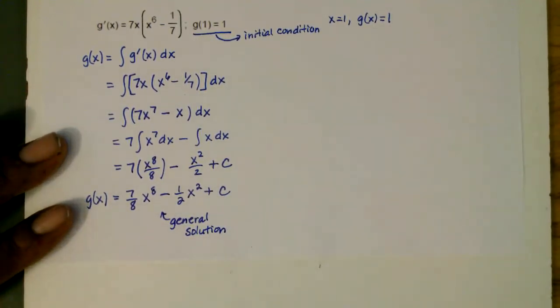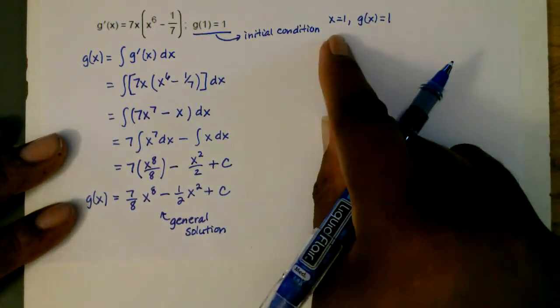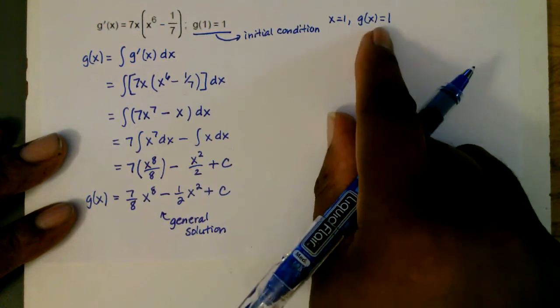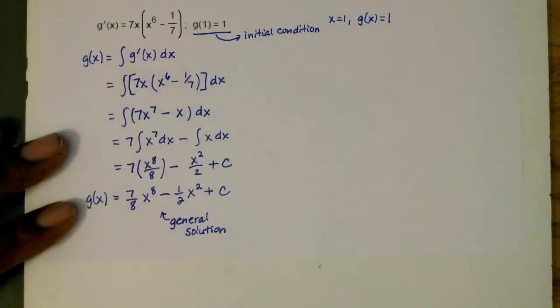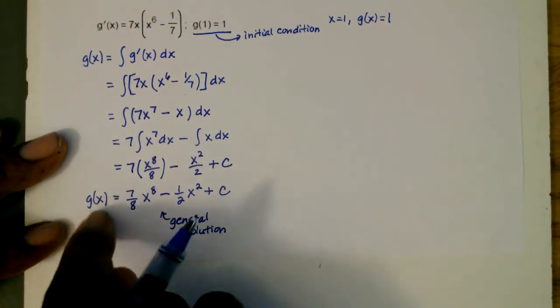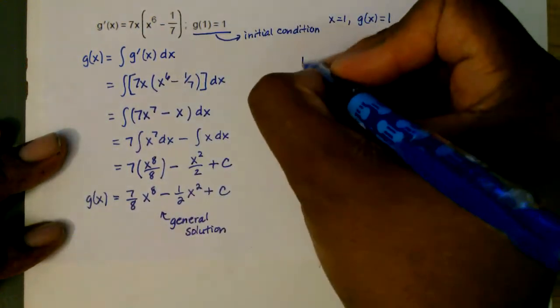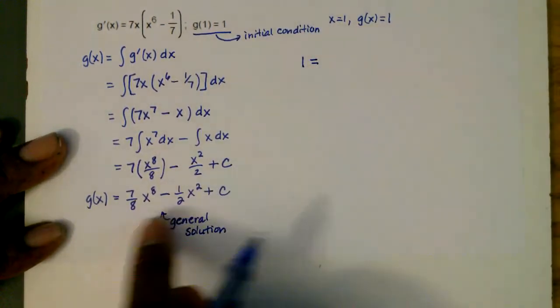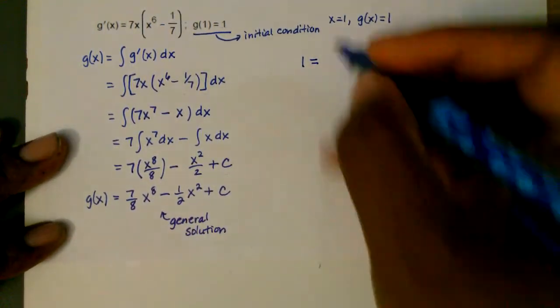Now we're going to use the initial condition to find out what our particular solution is going to be. x is equal to 1 and g of x will be equal to 1, since g of 1 does equal 1. So for g of x, I'm going to replace it with the 1, so it'll be 1 equaling. And for each x, I'm going to substitute 1.